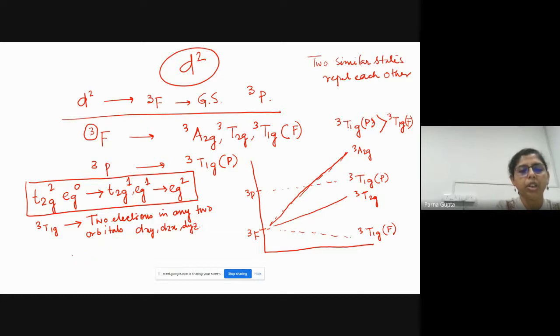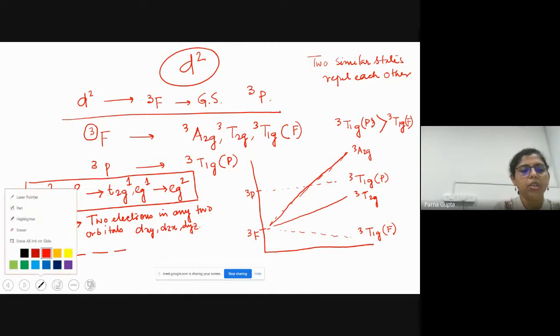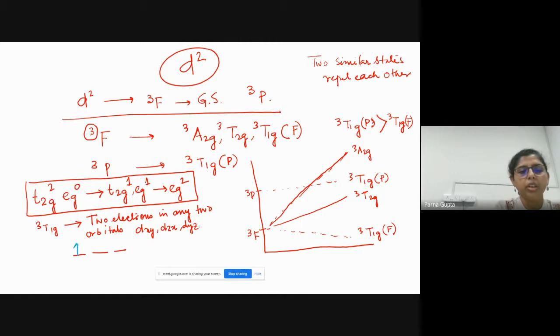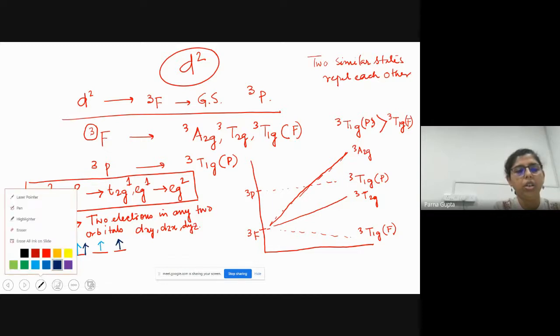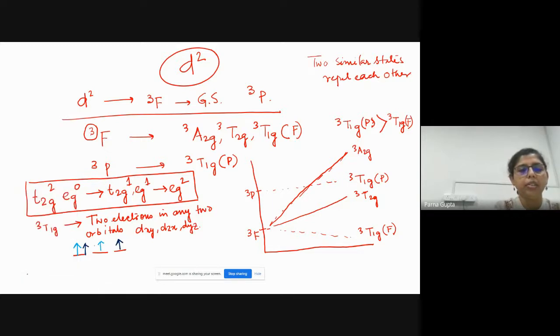Sorry, I cannot draw it well. It can be like this, or it can be like this. So this is the 3T1g. It can be any of them.